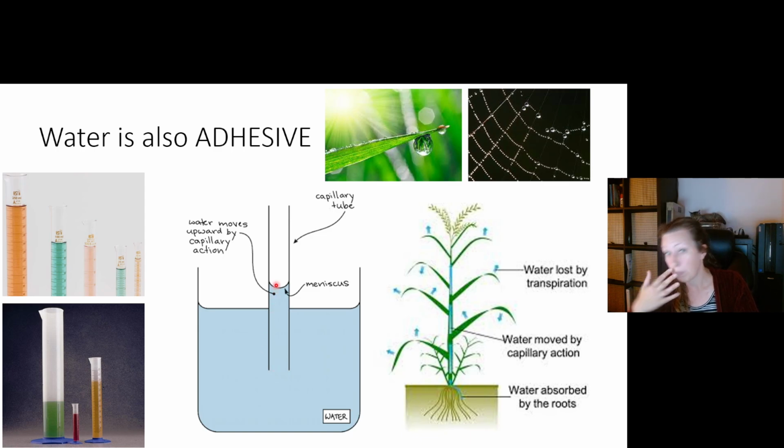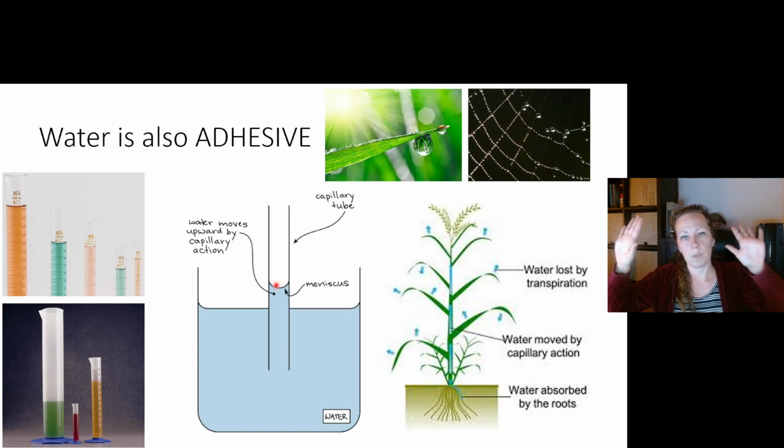That's a combination of adhesion and cohesion, right? It is climbing up the glass because it is attracted to the glass walls, but the water is also sticking together. It's cohesive, and so it's more than just a little bit climbing up the walls. You get a full little column coming up the capillary tube.